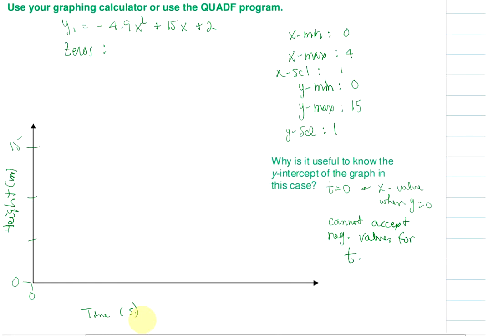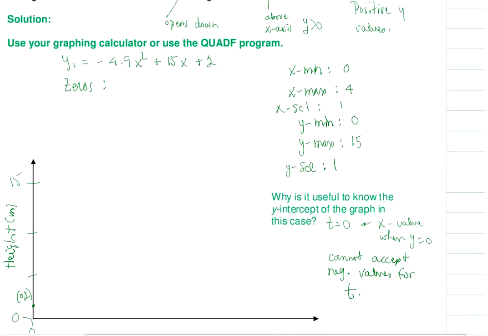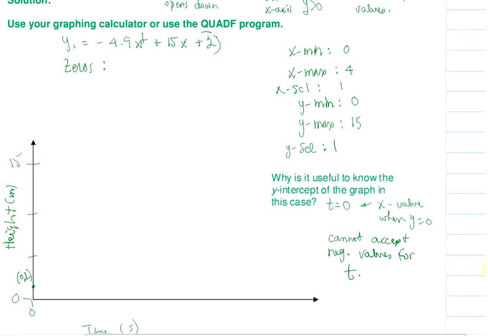And when you graph this, you will find that you have a y-intercept at 0 and 2, which you can also tell from your equation here, right? Because if you substitute in 0 for x, you get that y is equal to 2, so you can see that your y-intercept is at 2.